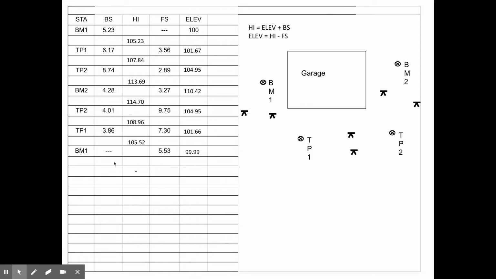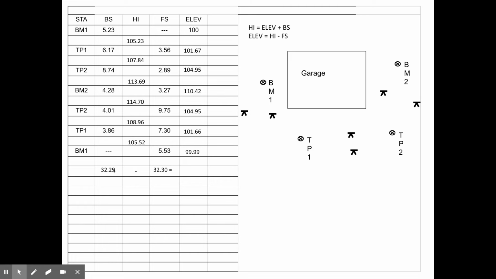Now, the one thing we have to do is what's called an arithmetic check, because, yes, these numbers worked out. There's a chance maybe we misadded or we subtract something. So in order to check that, the first thing we do is we take this whole column of backsides and we add it up. When we do that, we get 32.29. Then we take the whole column of foresights and we add those together, and that should give us 32.30.